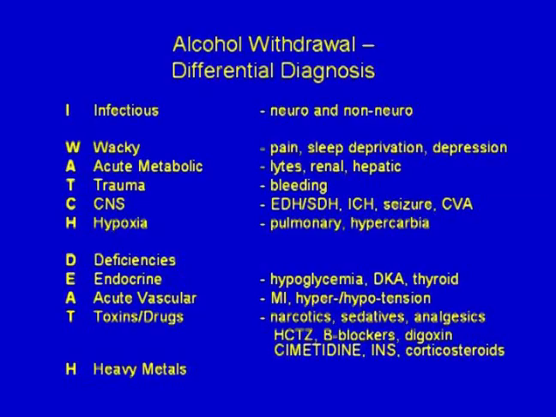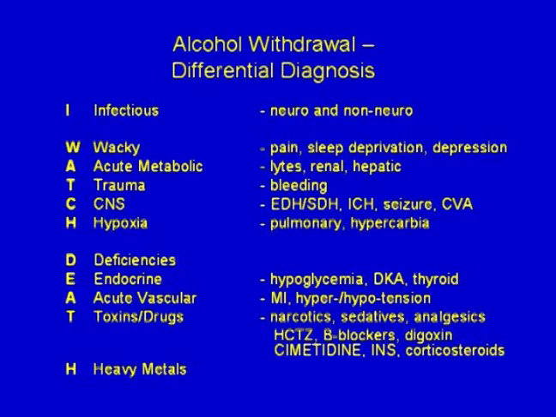So, the differential diagnosis. There's a mnemonic to remember things, since there's a lot to think about. "I WATCH DEATH" was the catchiest one that I found, and pretty much this list encompasses everything. The big things to look at: number one, it could be infectious and sepsis. You can get it from pain.